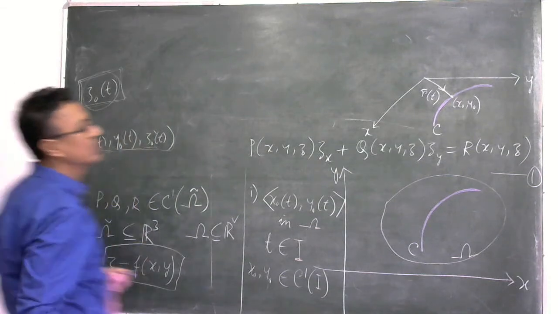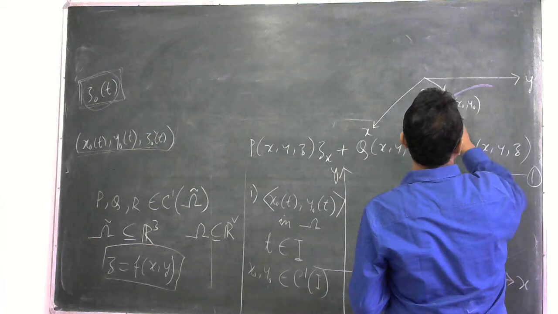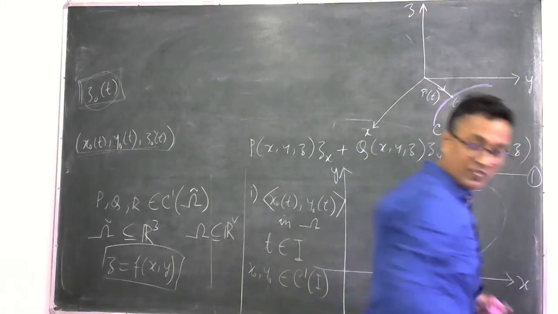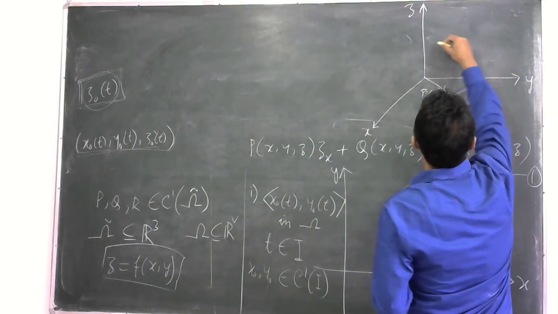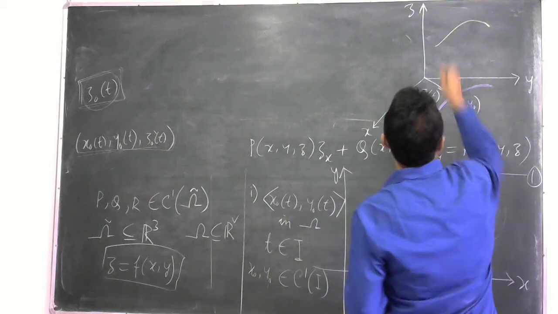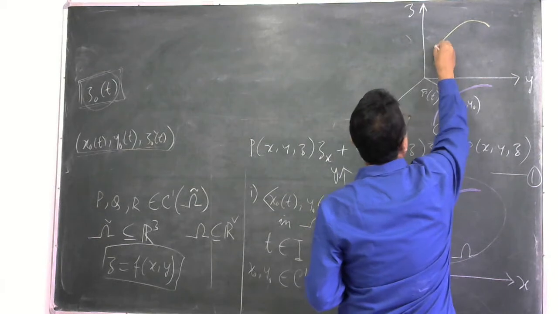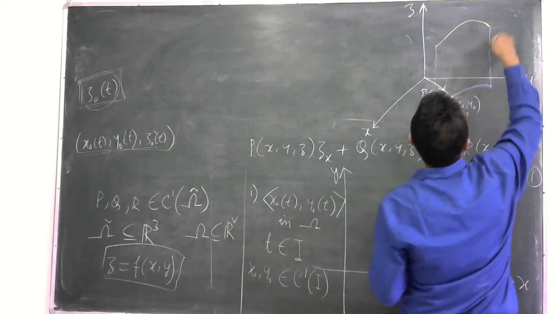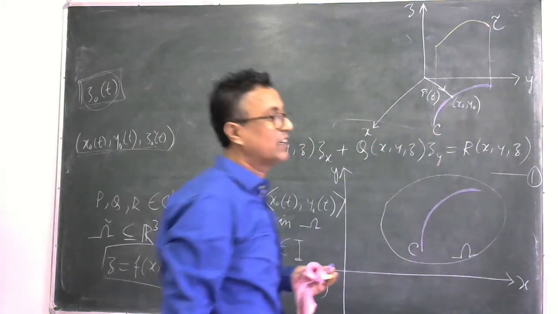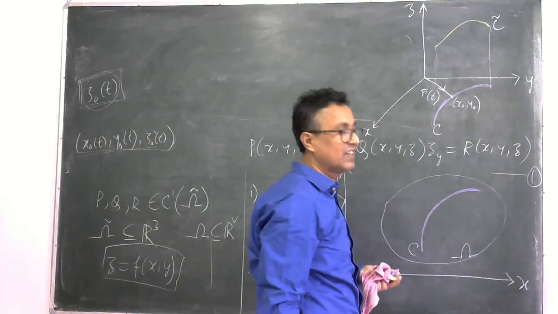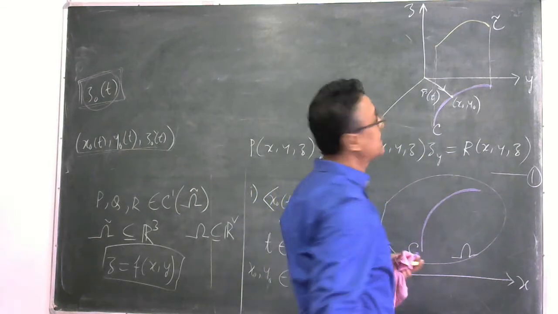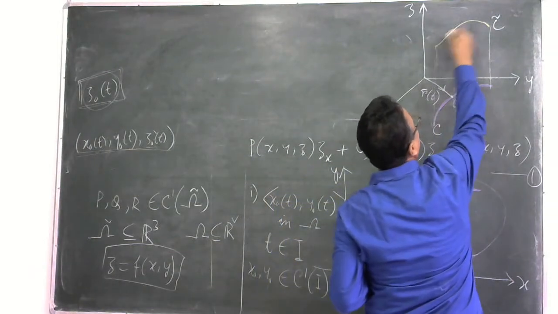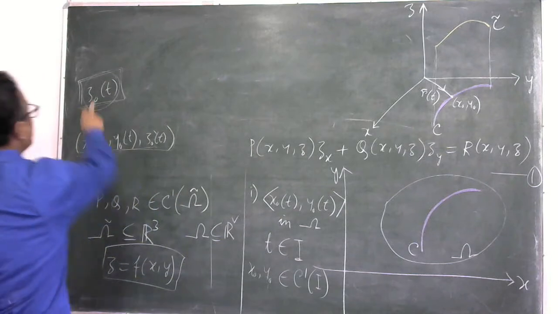So that means if I can get a curve, let me call it C tilde, corresponding to this curve C in the xy plane, but this curve C tilde in xyz space, so that the third component of this is given by this function.